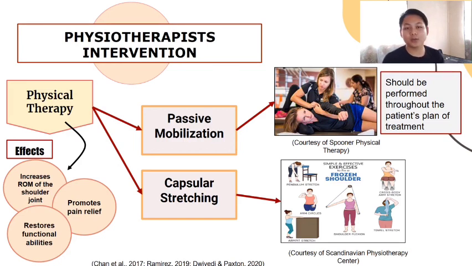For capsular stretching, we can see from the image that the patient will independently perform these specific exercises or activities, and the physiotherapist should educate and teach them how to perform the exercises with correct technique and skills.